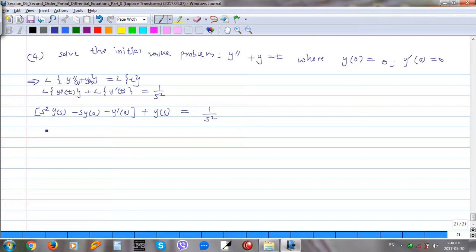Then I can apply the initial conditions. y(0) equals 0, y dash(0) also equals 0. Then s square Y(s) plus Y(s) equals 1 over s square. Then Y(s) is common, so Y(s) times s square plus 1 equals 1 over s square. Then Y(s) equals 1 over s square times s square plus 1, right?